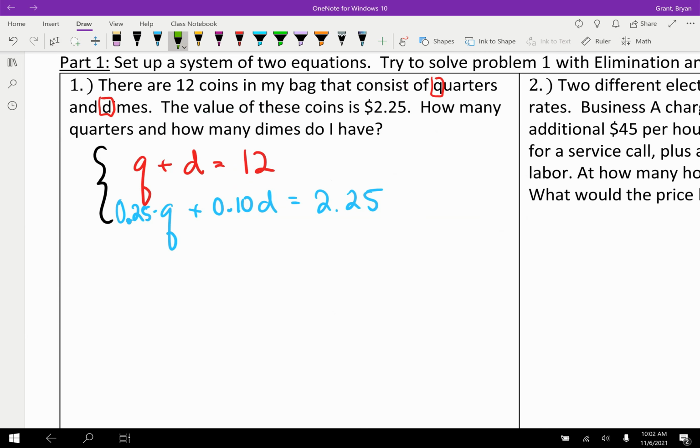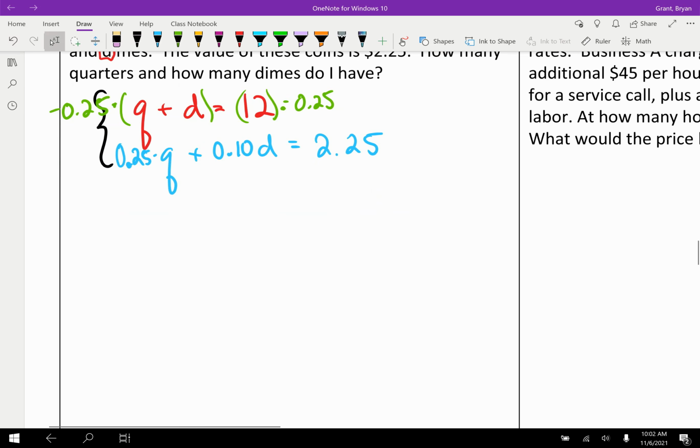And the question we'd ask ourselves is, what would cancel out 0.25q? Well, I think the thing that would cancel out a 0.25q is if this was a negative 0.25q up above. It's currently not, so I think we're going to have to go through and multiply both sides by negative 0.25. So I'm going to rewrite this system of equations down below so we can keep track of what's happening.